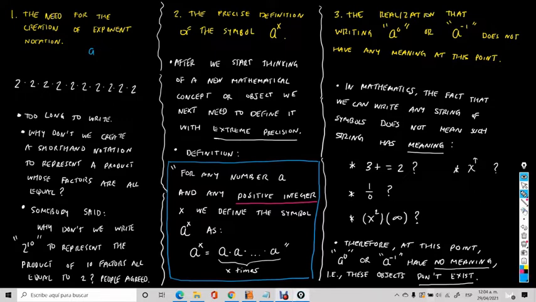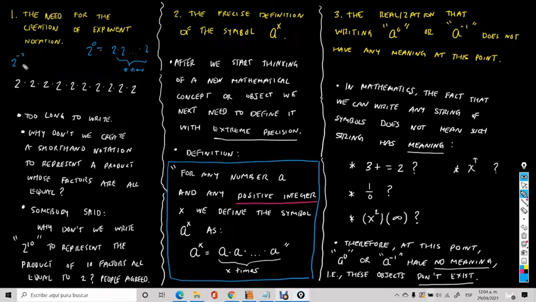I'm going to use the number 2 as an example. If I permit the exponent to be 0, then what I would be saying is that I want to multiply 2 by itself how many times? 0 times. And I don't know what that means, guys. No one knew what it means to multiply a number by itself 0 times. It didn't make sense.